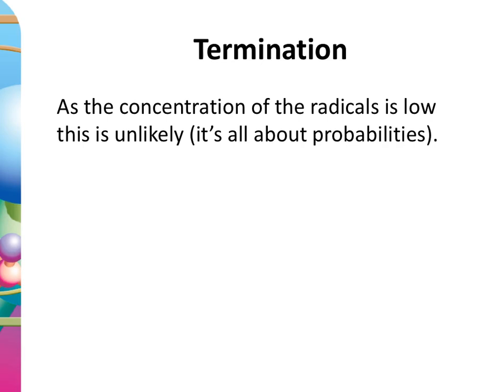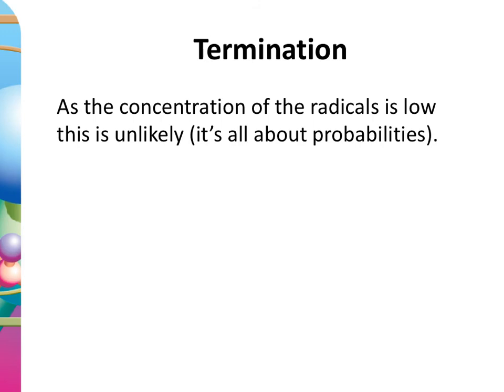Even though termination takes place, that doesn't mean chain reactions don't just continue and continue. You have to think about the probabilities of two free radicals colliding. It's going to depend a little bit on how much chlorine you had in the first place, but let's assume that you had a lot more of the methane than the chlorine. That means you have far fewer chlorine free radicals than methane, which means that the probability of any of the free radicals that are formed colliding with another free radical is very small.